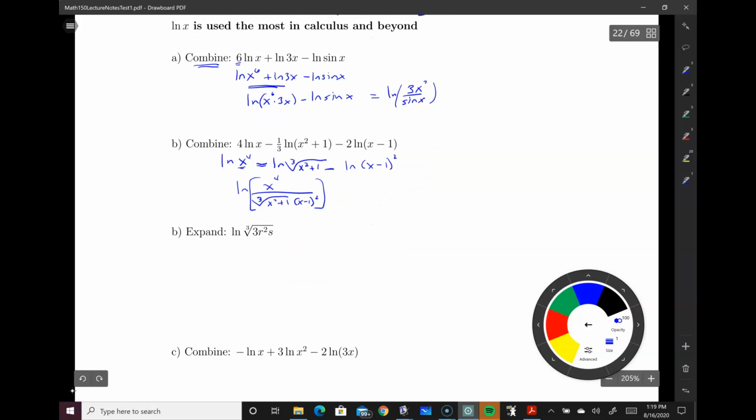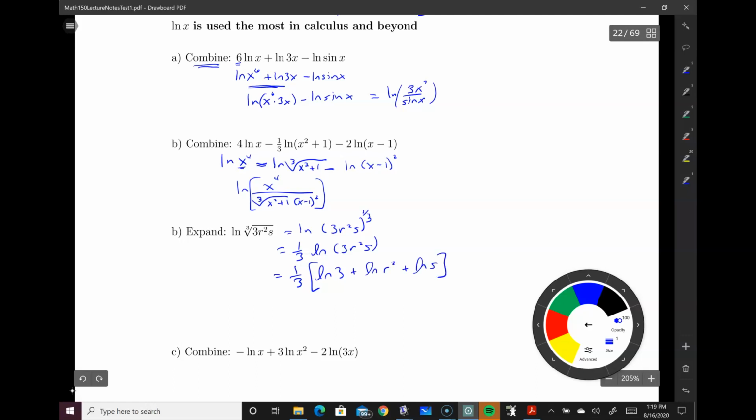All right, so let's work on expanding. You're just going to need to be comfortable with both of these. So let's pull this 1/3. You know this is the same thing as saying this. So this 1/3 would come down in the front. And then you'll have an idea of why you will need to separate this, but I'm just going to separate it for each of the three terms.